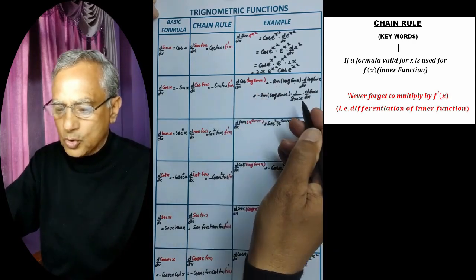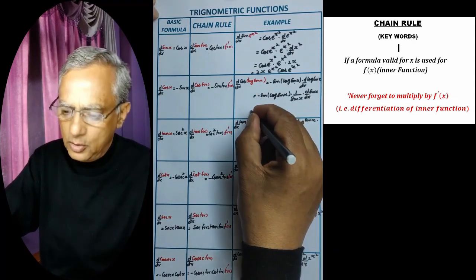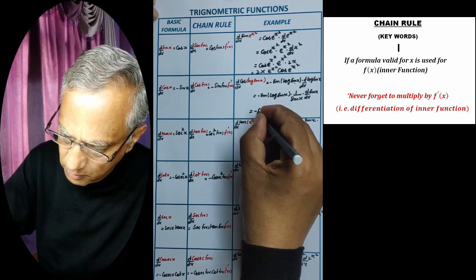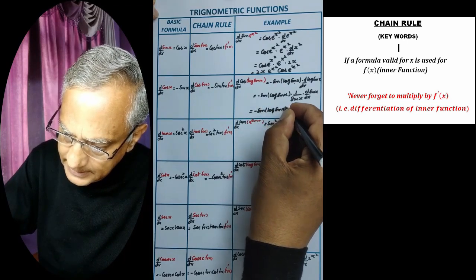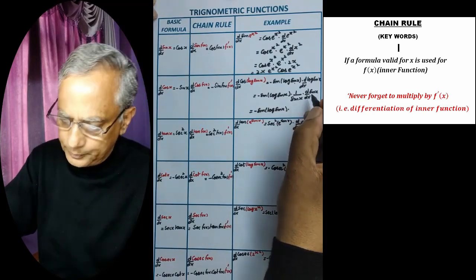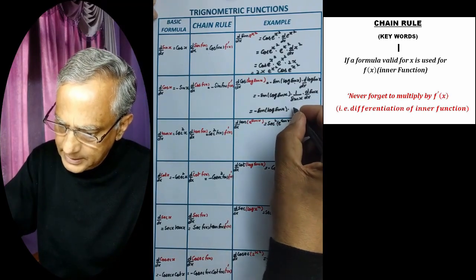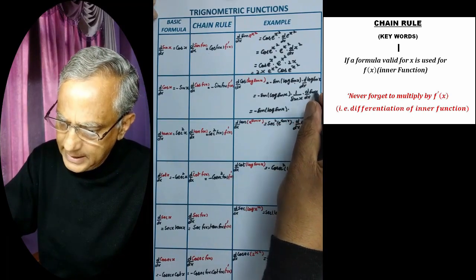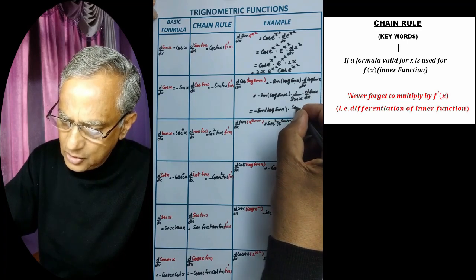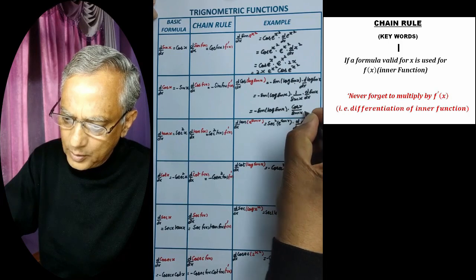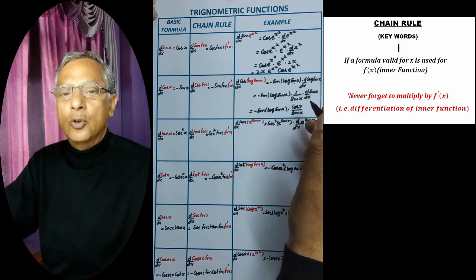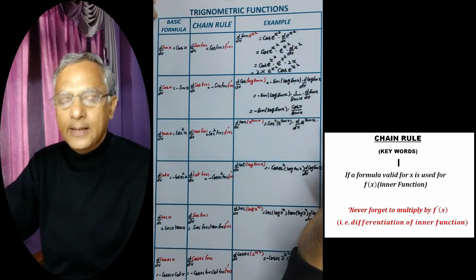This is chain rule, so we are again using chain rule twice. So this is equal to minus sin log sin x into 1 upon sin x, and d by dx of sin x is cos x. So we have cos x by sin x, which can be written as cotangent x. So this is the answer.